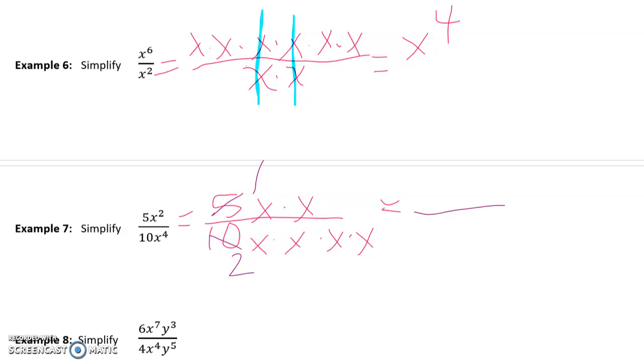So that becomes 1 over 2. Now, if you look here with the x's, we know that these would cancel each other out, and these would cancel each other out. So it looks like we have 2 left on the bottom. So we would say x times x. So to simplify this, we still have to keep our 1 on the top, and then over 2x squared.